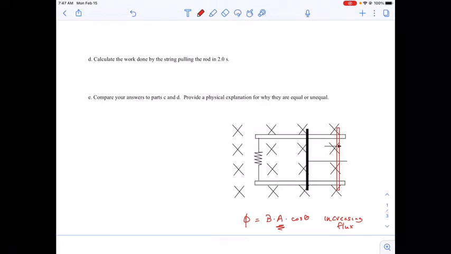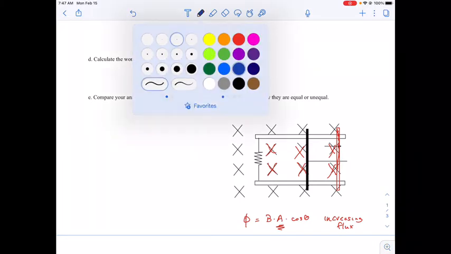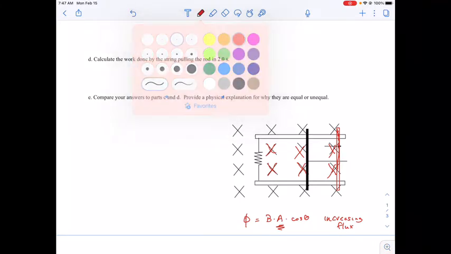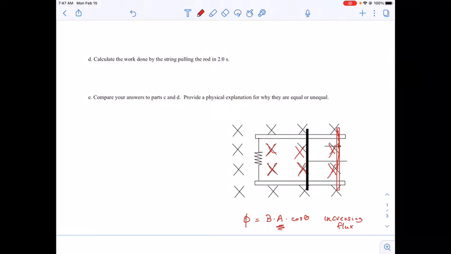Now, just a note, if we increase the flux, in other words, if we essentially have more X's, so before we had these four, and as I drag this rod to the right, I'm increasing the flux. What's going to happen is that the loop of wire is going to create a current in it, and that current is going to create a magnetic field that opposes the existing flux.